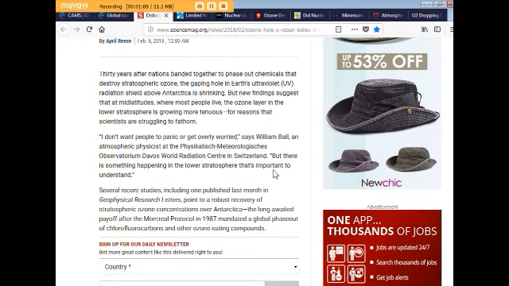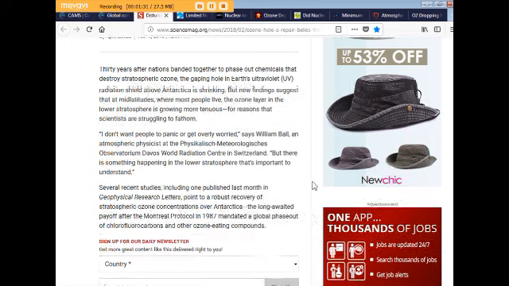"I don't want people to panic or get overly worried," says William Ball, an atmospheric physicist at the Physikalisch-Meteorologisches Observatorium Davos World Radiation Center in Switzerland. "But there's something happening in the lower stratosphere that's important to understand."